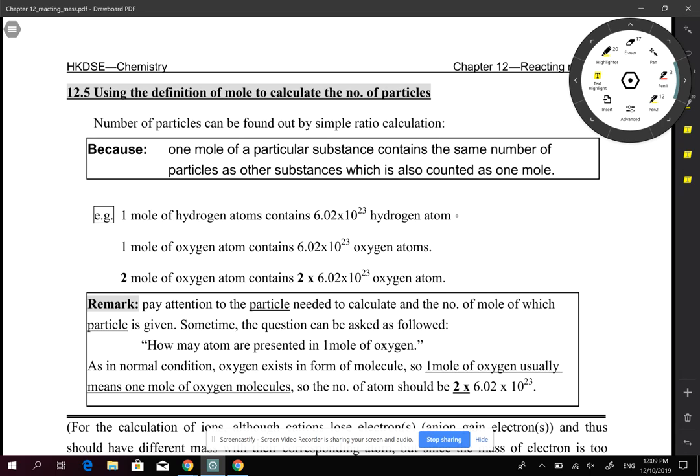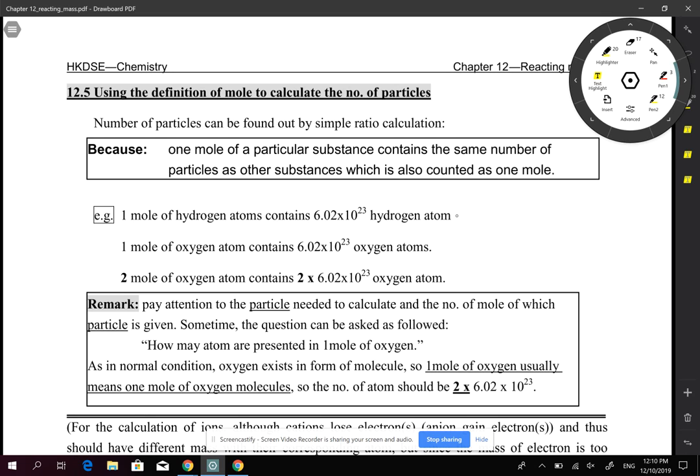For this next part, using the definition of mole to calculate the number of particles is seldom asked in non-qual, maybe a maximum of 1 MC question in multiple choice questions. Although the number is quite complicated, it is always 6.02 times 10 to the power of 23.